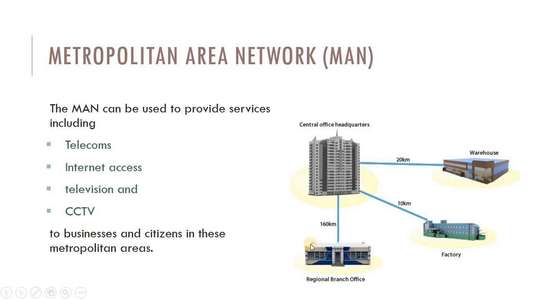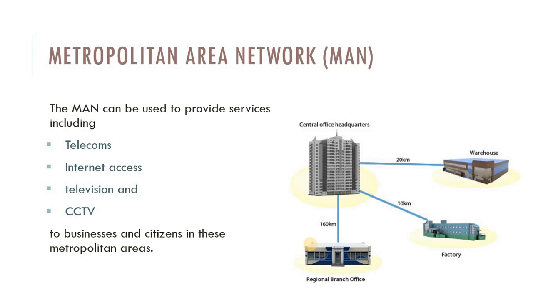All those branches, offices and warehouses are far from the central location, but all those locations are connected via the network, so they can easily pass information from the headquarter to the warehouse, the factory and the regional branch office. But all those locations are in one city. So this is how a MAN network is created.